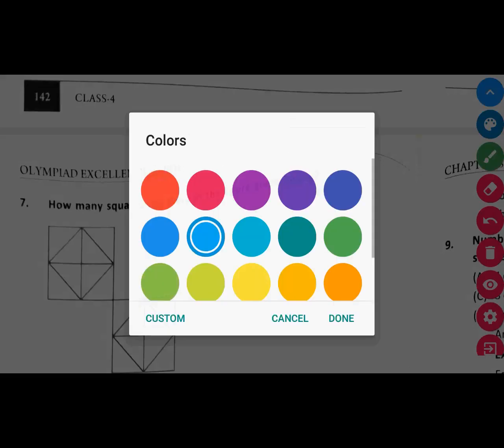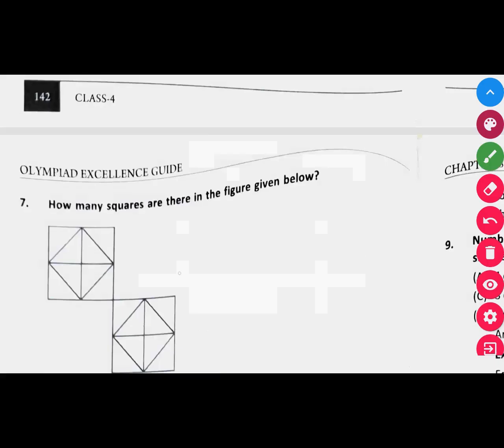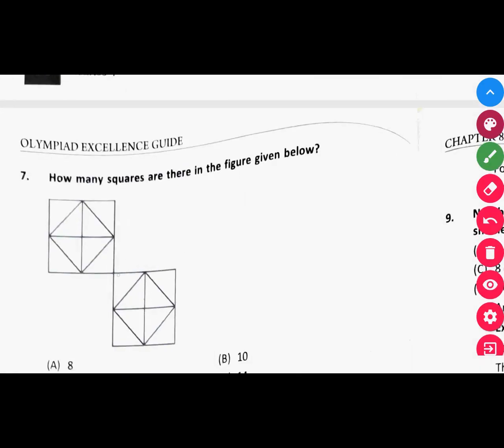Now the next question is, you have to calculate the squares in the given figure below. First two big visible squares we can see, 1 and 2. Now the small ones, 3, 4.